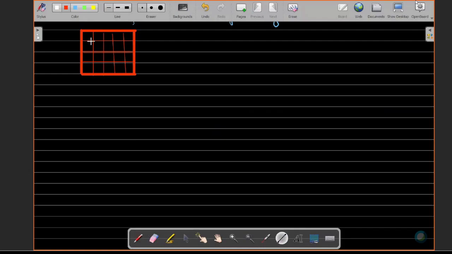Suppose this small cell has a dimension, say delta x and say this is delta y.